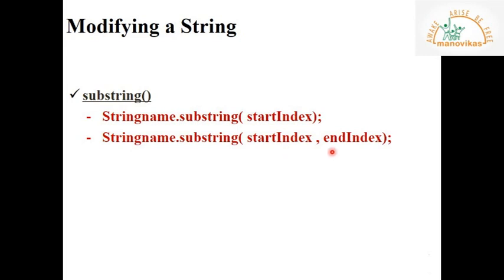Suppose if you write the end index as 7, so till the 6th index the characters will be displayed, or I can say till the 7th letter. Both the explanations have the same meaning. Let me explain with an example.